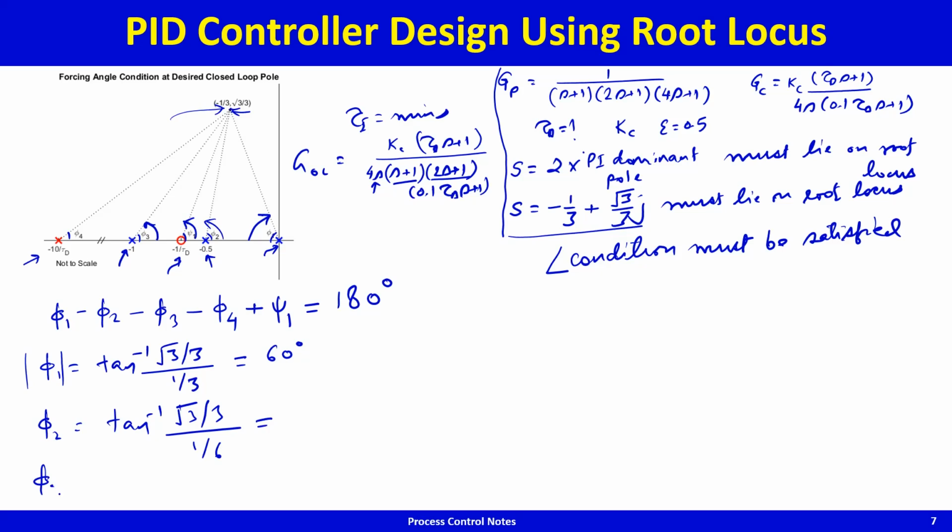Phi 3 is equal to tan inverse square root 3 by 3 divided by, this is half. Now how much is half plus 1/6?